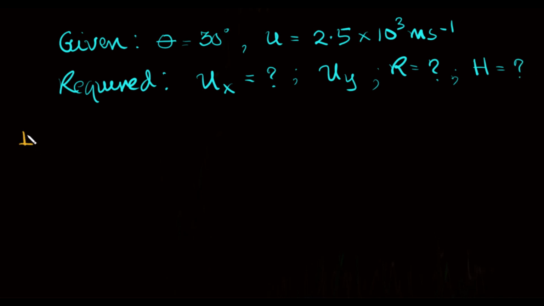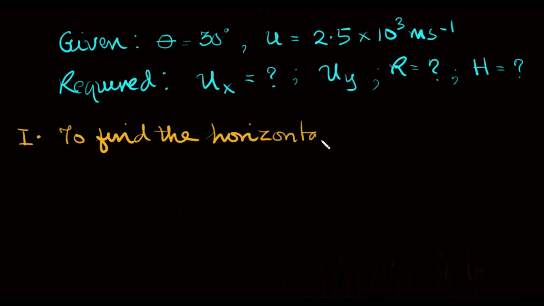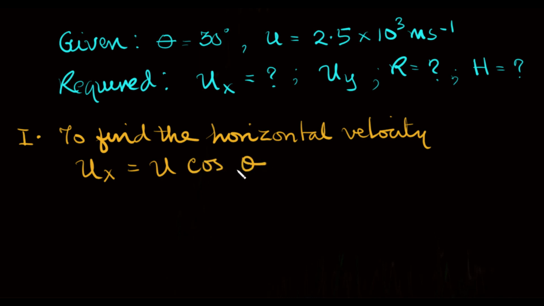So 1, to find the horizontal component, horizontal velocity, we use ux equals u cos theta.